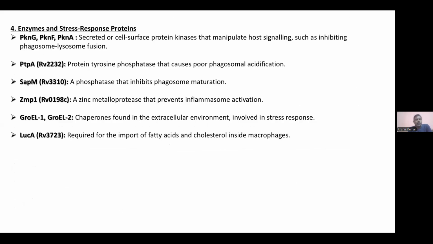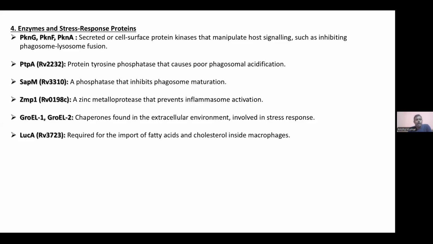Then enzymes and stress response proteins. Some of the important proteins which are secreted are PknG, PknF, and PknA, secreted or cell surface protein kinases that manipulate host signaling, such as inhibiting phagosome-lysosome fusion. PtpA, secreted by gene RV2232, is a protein tyrosine phosphatase that causes poor phagosomal acidification.